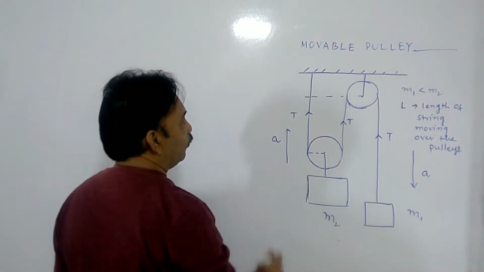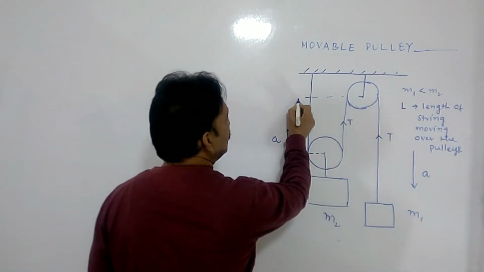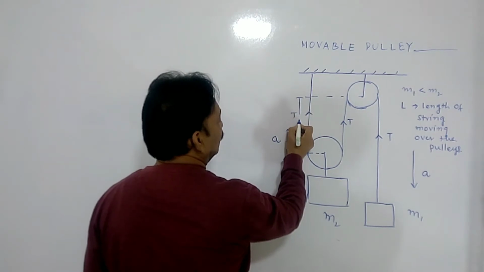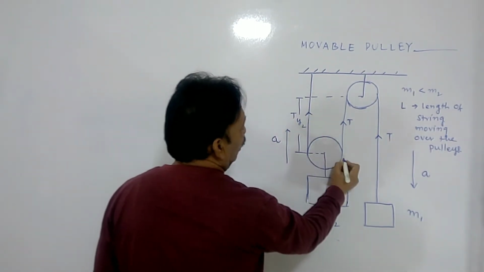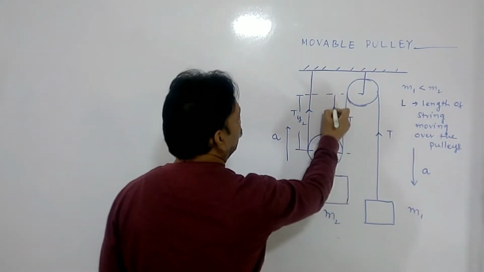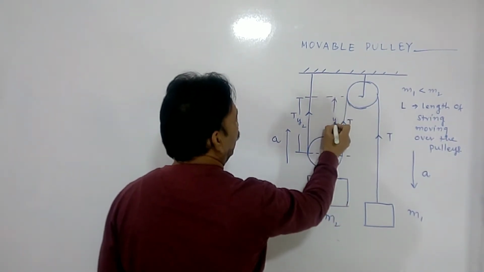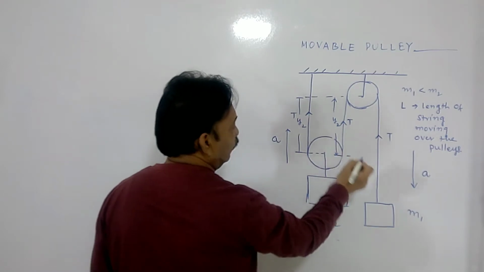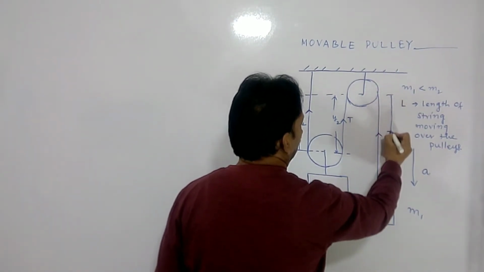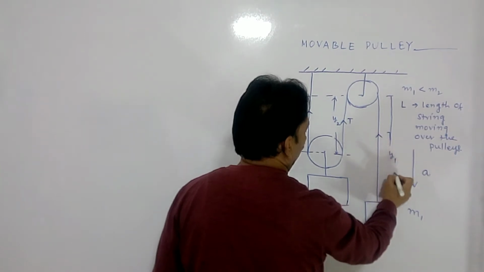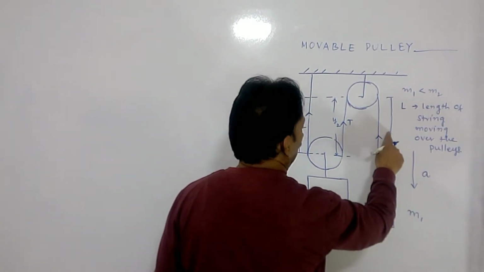Let's say this length is y2, and obviously this one is also y2, and this one which is moving over, call it y1.